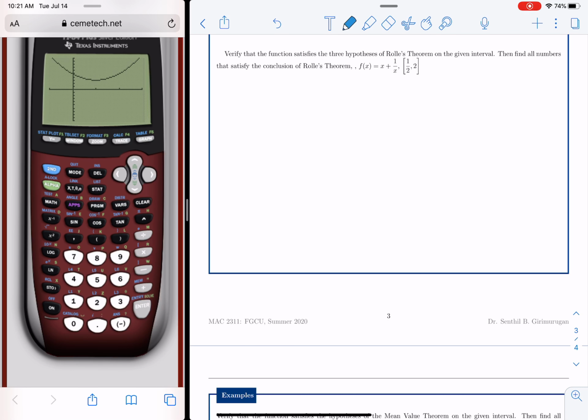Now here is another function, x plus 1 over x on the interval [1/2, 2]. So let's see if it is continuous.